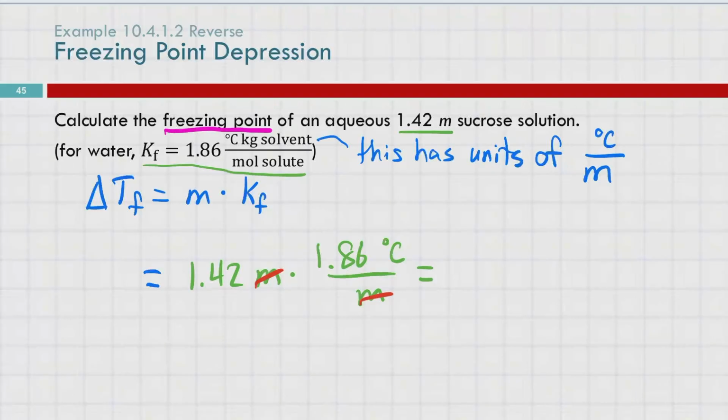And we get 2.64 degrees Celsius. Questions? Is that our answer?